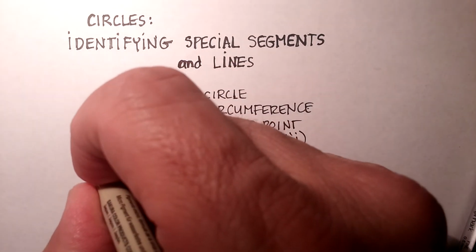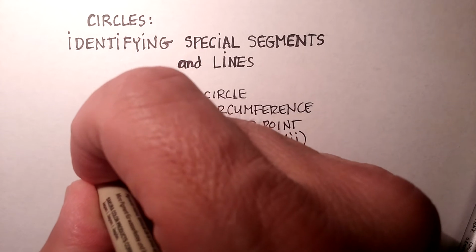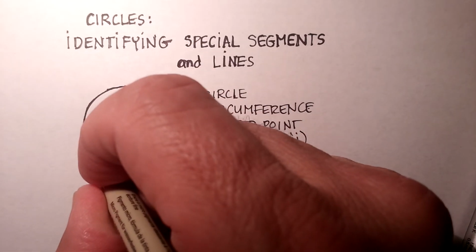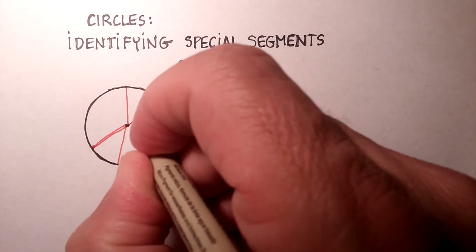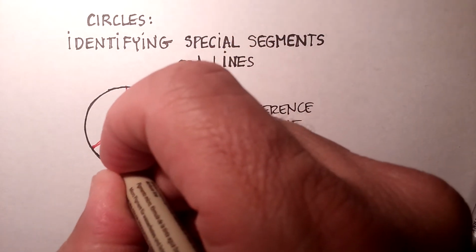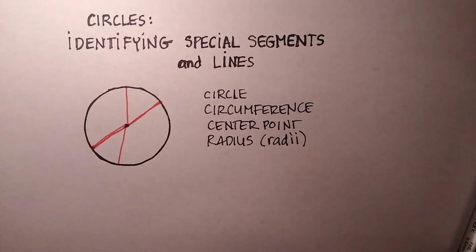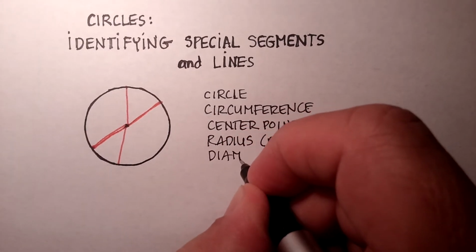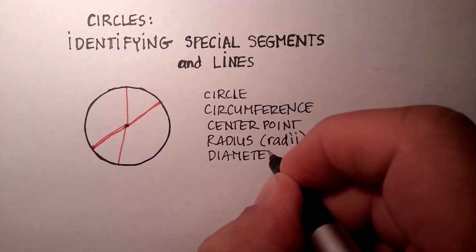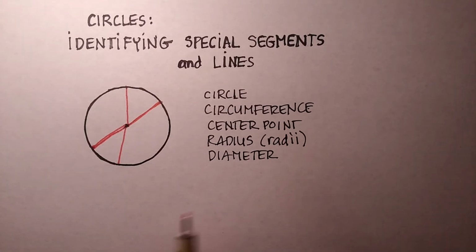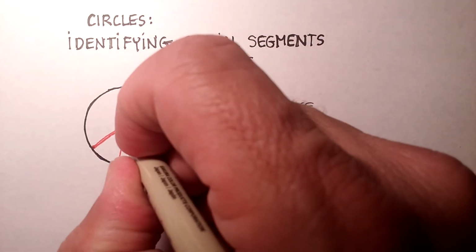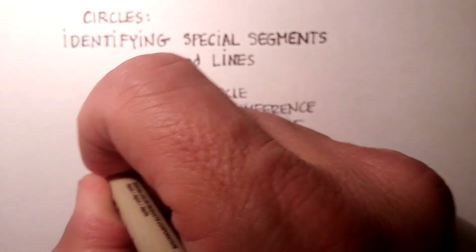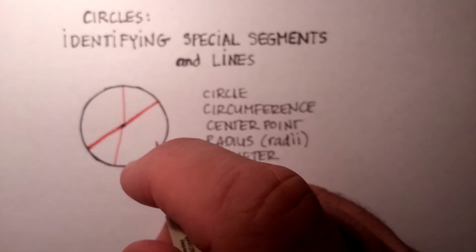Now, another definition. If you start at one end of the circumference and you go through the center point and completely in a straight line out the other end, you have what's called a diameter. Okay, so that really doesn't look very straight, but just assume that it is, okay? There's a center point. We'll just call that line a straight line, a diameter.